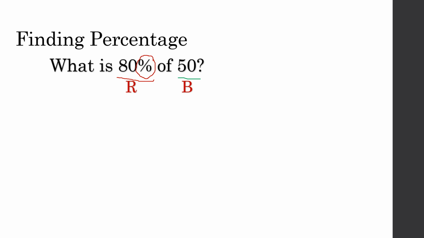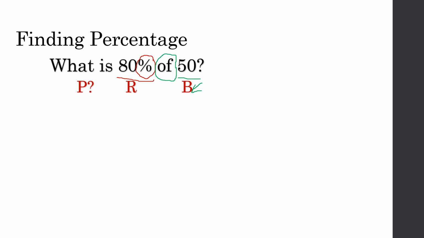Bakit? Kasi meron siyang preposition of sa unahan. So, kapag may preposition of sa unahan ng number, yung number na to ay tinatawag nating base. Yan. So, what is missing? Present ang rate, present ang base. Therefore, the missing element is the percentage.